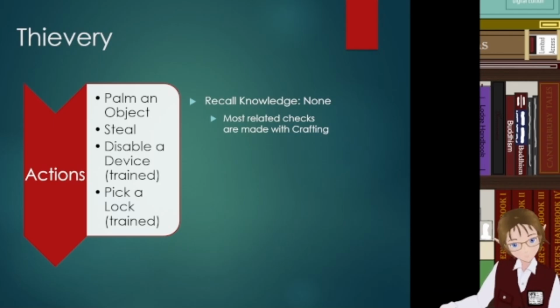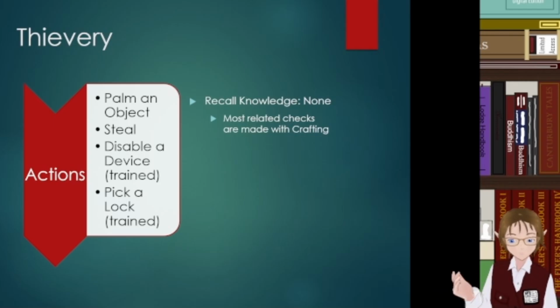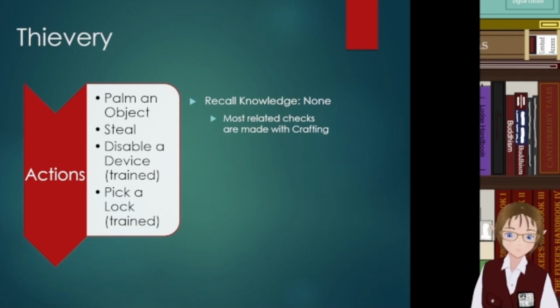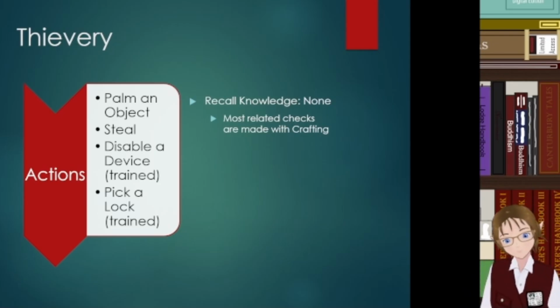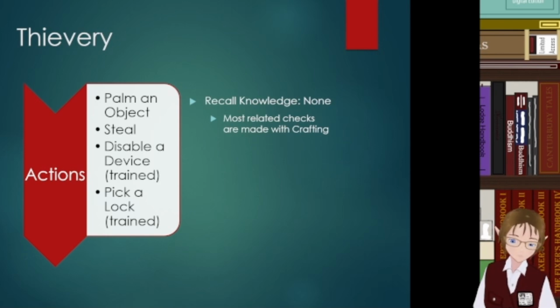The only exception is some haunts require you to use occultism, religion, or a similar recall knowledge skill. Thievery does not have a recall knowledge ability associated with it, because most checks which could be construed as being done with thievery are obviously made with crafting. Basically, thievery is knowing how to take something apart, not so much knowing how it's put together.